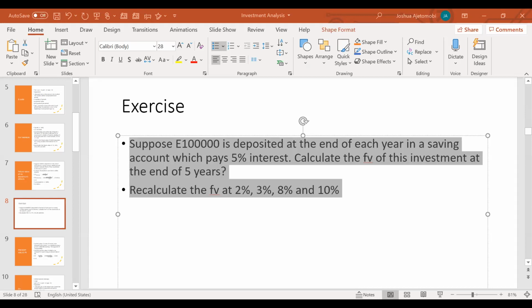Yes, I got the same, Prof. That's good. So for 10%, 610510. Okay, that's good. All of us got it. That's great. So I think then we can proceed.